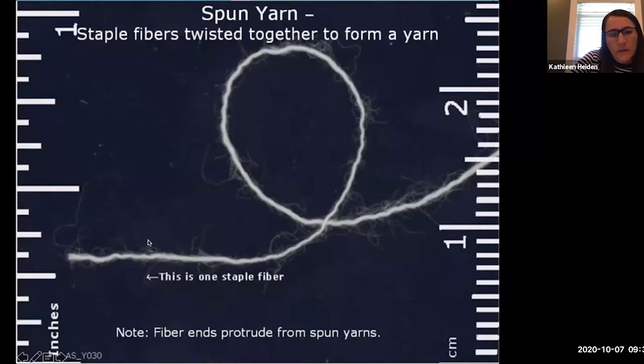This is why, when I talked about this, spun yarns are more comfortable to wear. These little fiber ends that are protruding off are what make that yarn lift up off of your skin, so that this type of yarn becomes more comfortable to wear.